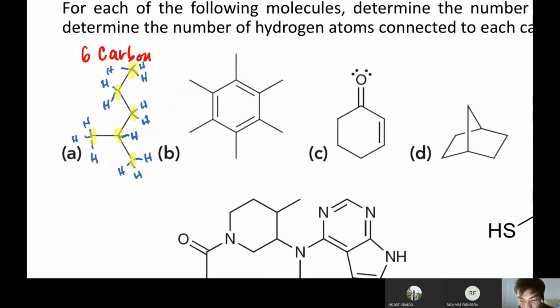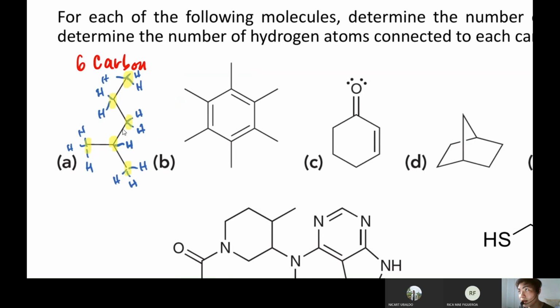Letter B, ayan, may double bonds para makapag-practice tayo ng double bonds. Okay, so for letter B, identify muna natin yung carbons. So, yung mga nasa dulo, carbon yung katumbas niyan. Every end point, may carbon diyan. So, may carbon dito. May carbon dito. May carbon dito.